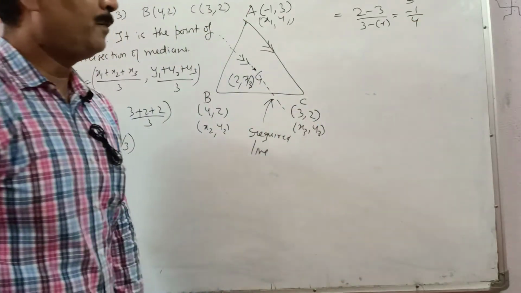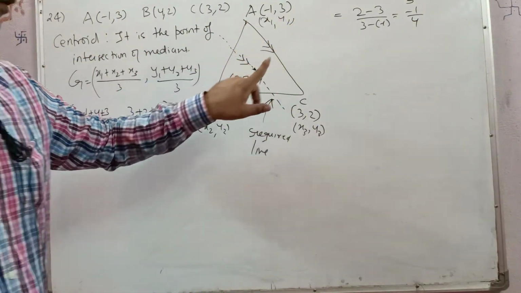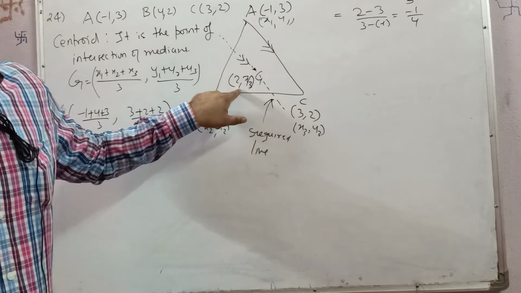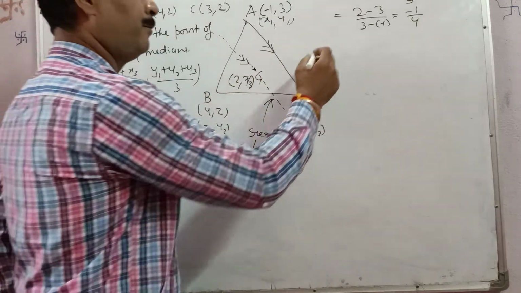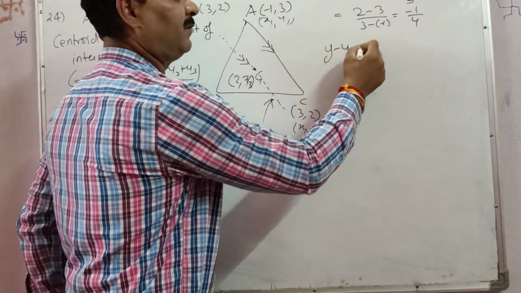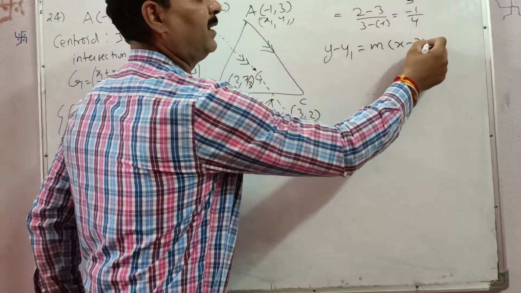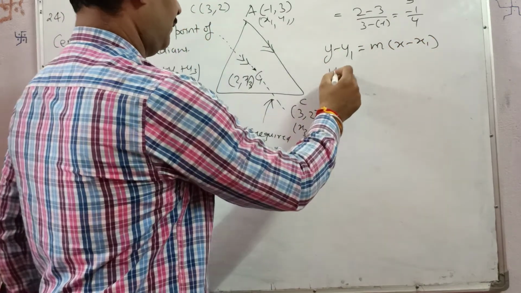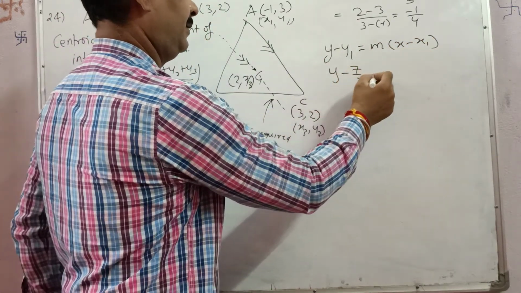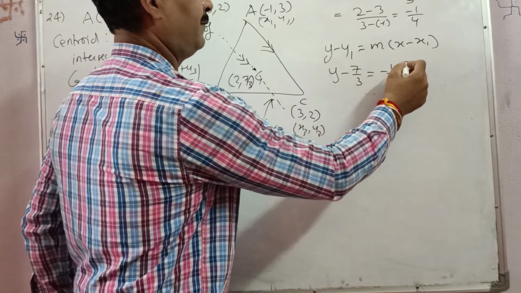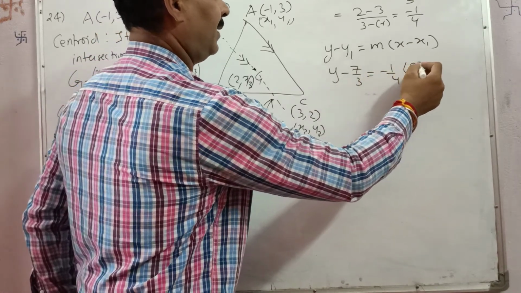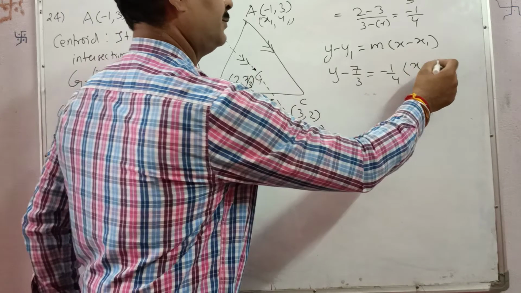The slope of the required line is minus 1 by 4 and the point 2 comma 7 by 3 is given to us. From point slope form, y minus y1 is equal to m times x minus x1. So y minus 7 by 3, m is minus 1 by 4, x minus x1, x1 is 2.